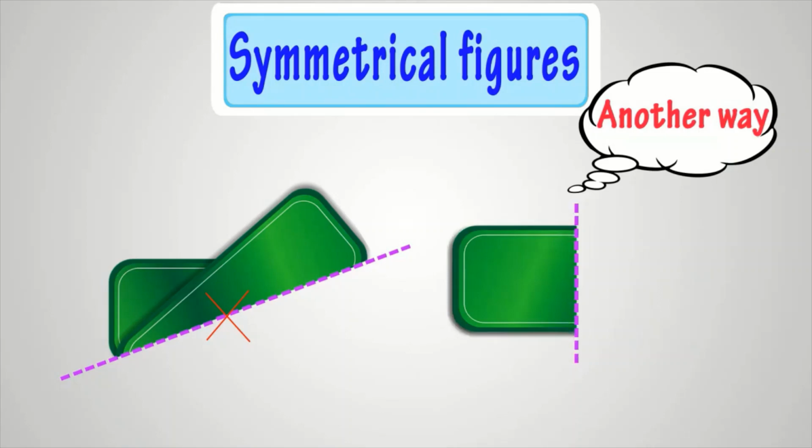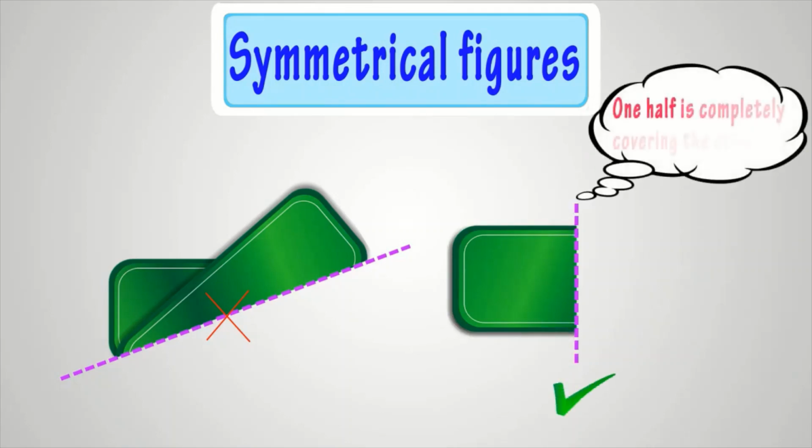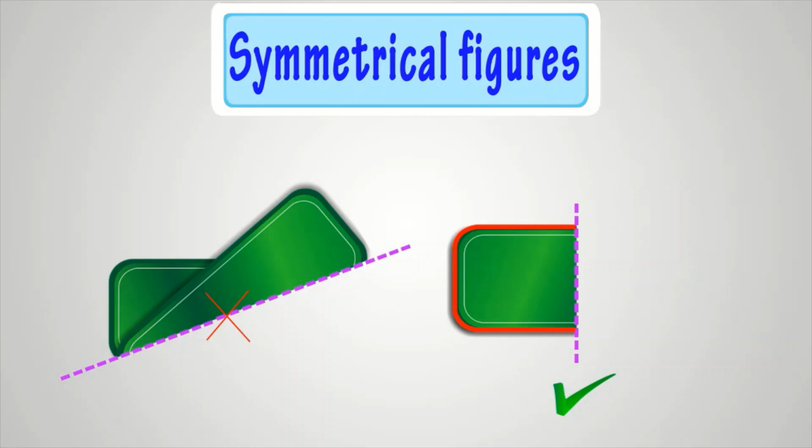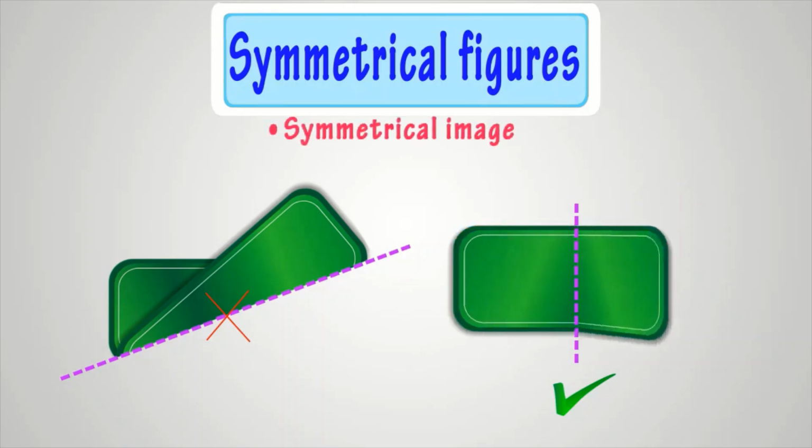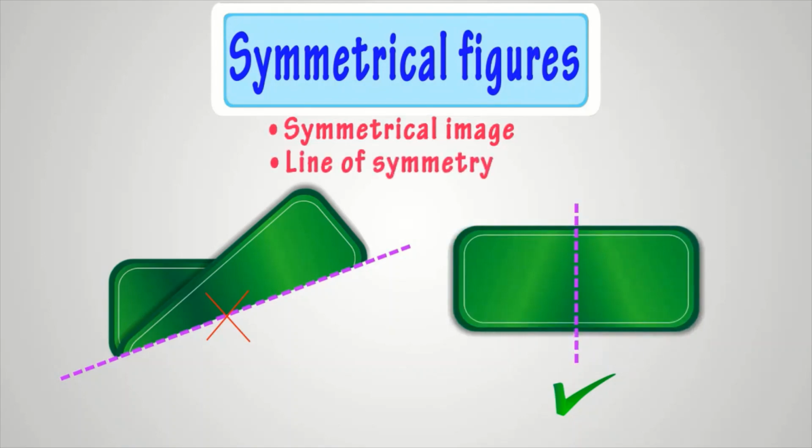Yes, if we fold it here, it works. That is, one half is completely covering the other half. So we got to know that this figure is symmetrical, and this line of fold is the line of symmetry.